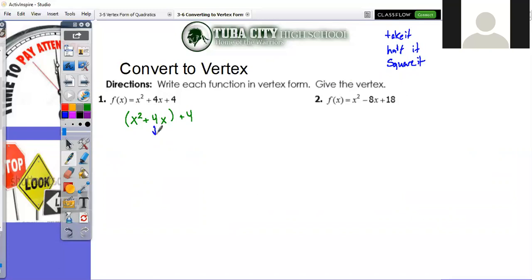So let's take our 4 here. Take it, half it, and square it, which in this case turned out to be weird because it just became back to what it was. So we're going to put this 4 in here.